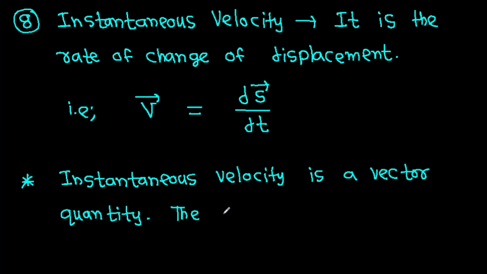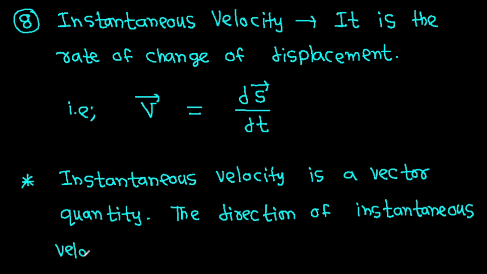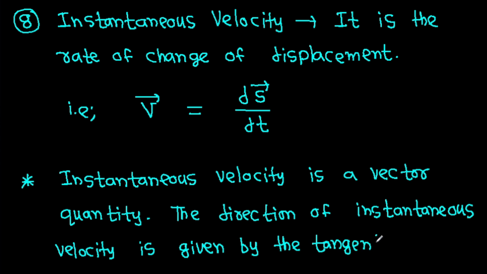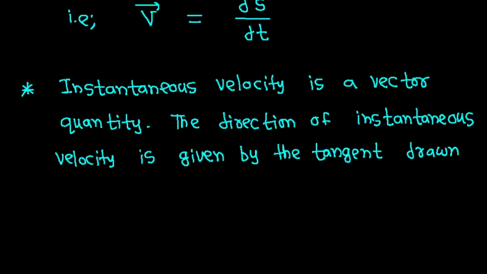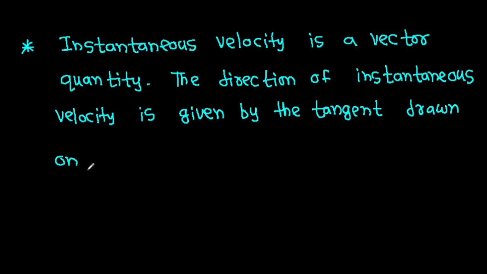And the direction of instantaneous velocity is given by the tangent drawn on the path of the particle.